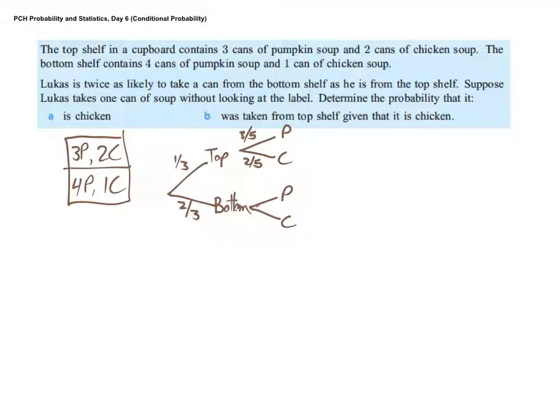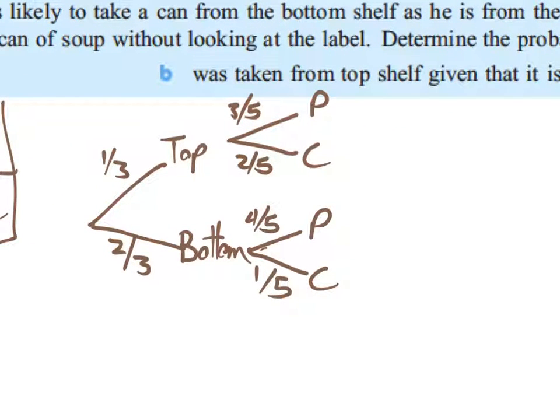How about the bottom shelf? What's the probability it picks pumpkin? 4/5. And chicken? 1/5. Again, it adds up to 1. Now we're going to figure out a few intersections. For each branch of the diagram, we're going to figure out a probability.